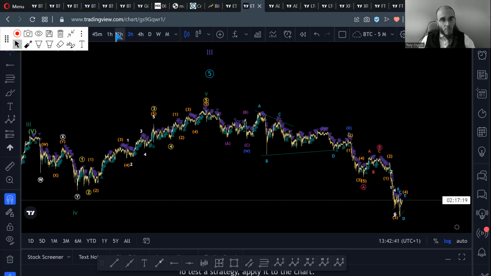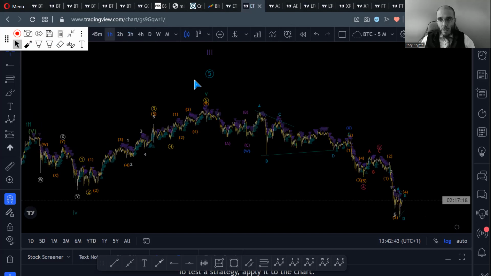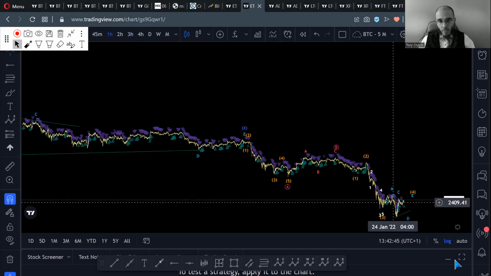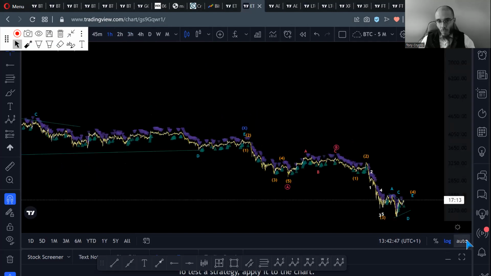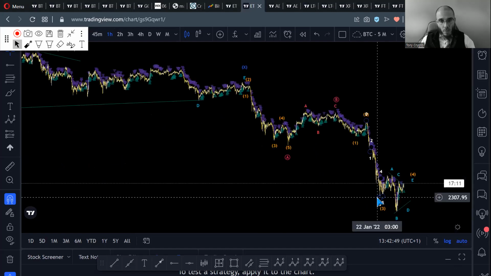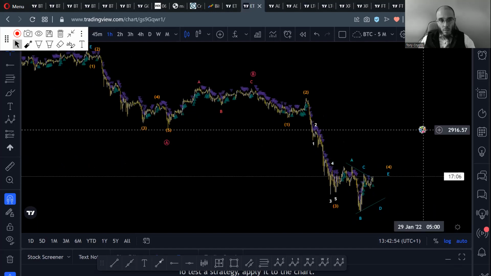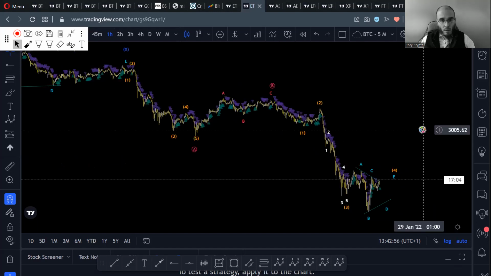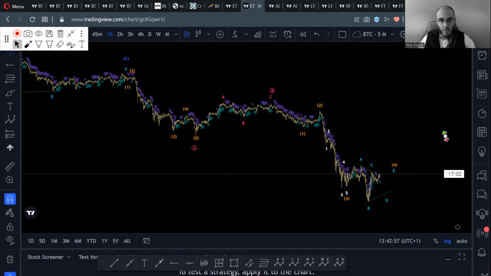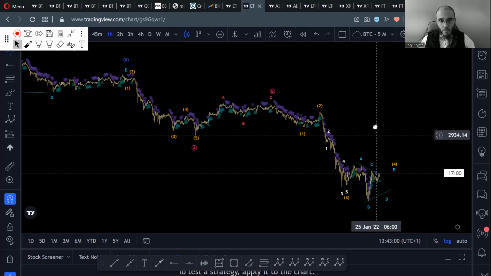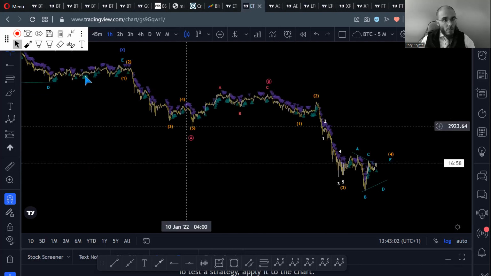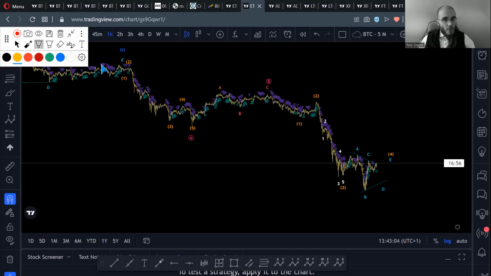So now I'm going to zoom in once more to take a closer look at the last move. Okay, like this, it will do. So up here, you have your X wave, the end of the triangle.